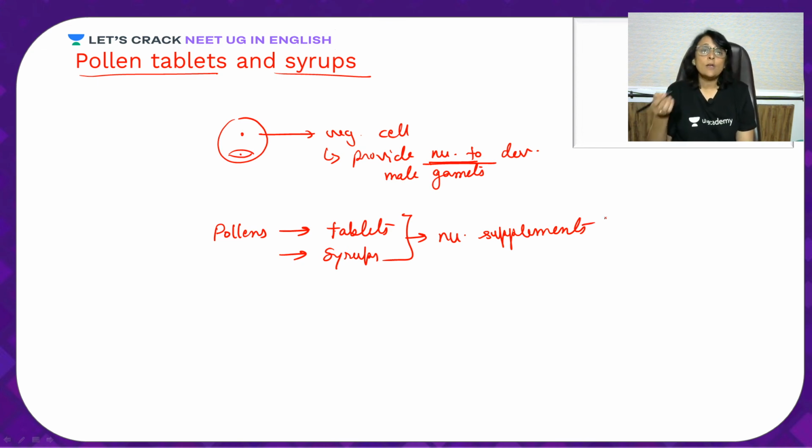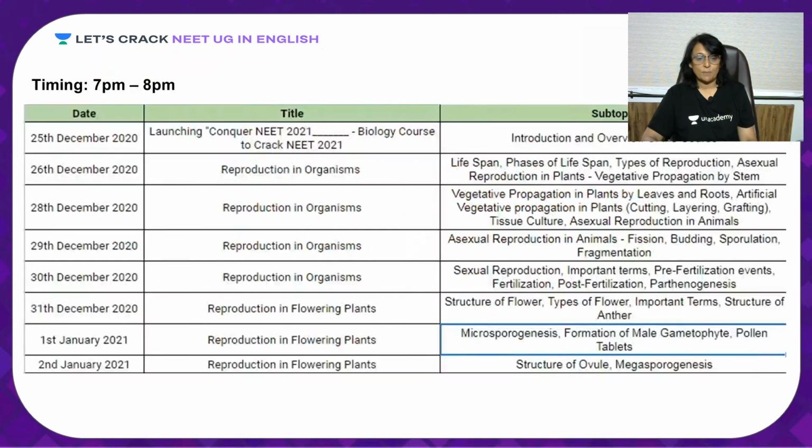These are getting very common these days, but in developed countries these are very commonly available. Slowly and gradually this is spreading everywhere. So like we used to take tonics, if you are not getting all the minerals and vitamins, multivitamin tablets or tonics are given to you. So this is another way of giving you the nutrient supplements.